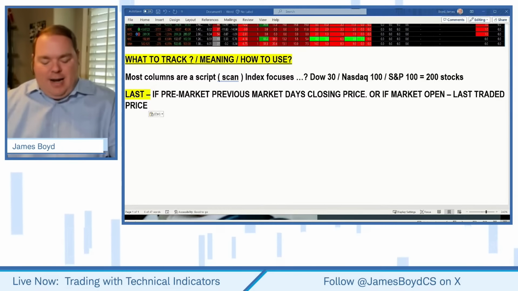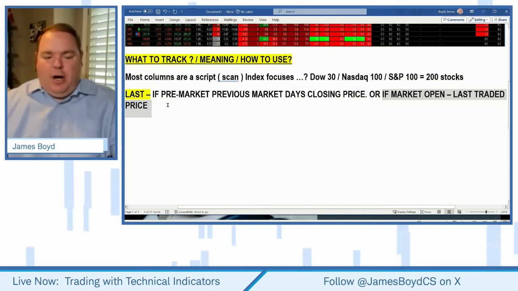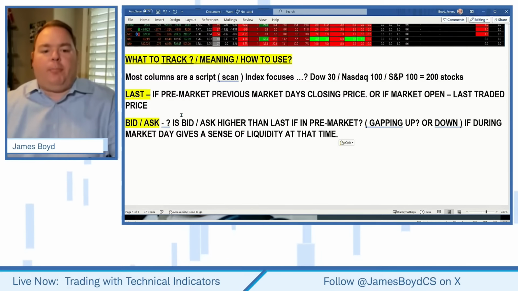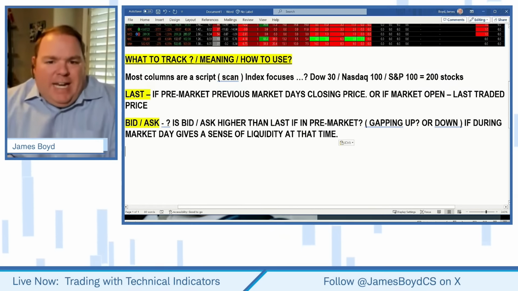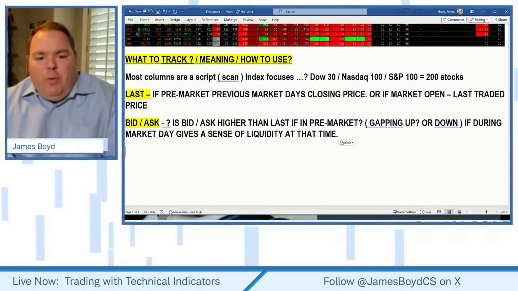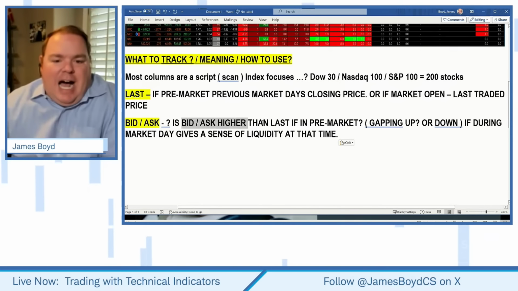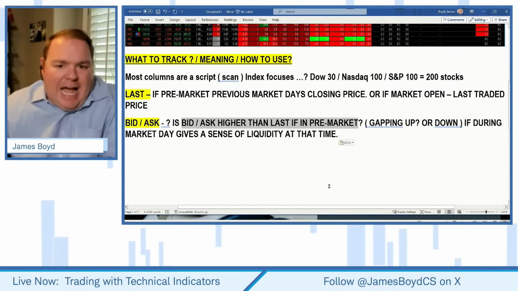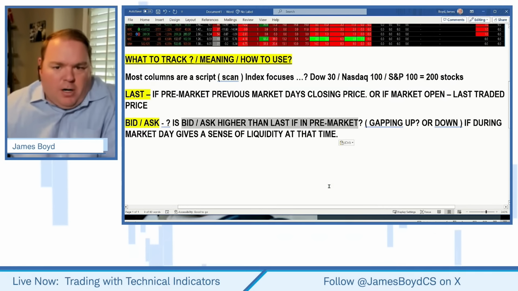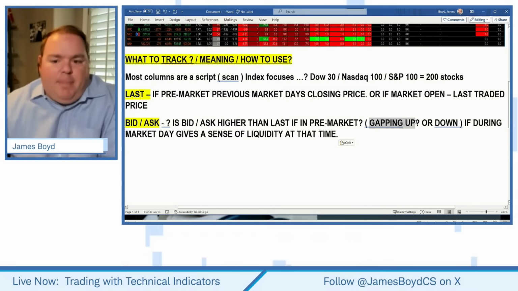Now, why is that of potential interest? There are some investors who look for pre-market activity. Well, when we look at the bid and ask of that stock, we want to see is it higher, okay, or lower in the pre-market. If it's higher than the last price in the pre-market I'm talking about, it could be gapping up.